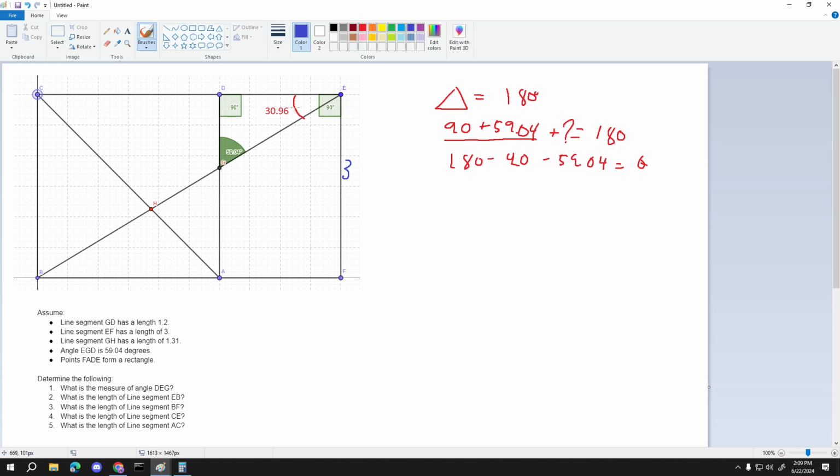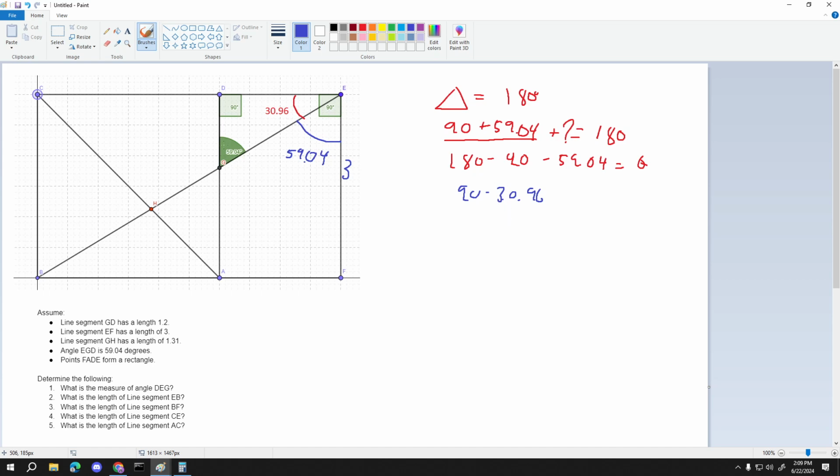So given our angle, this is 30.96. So what is this? This will be 59.04. Okay, how do you do that? We could do 90 minus 30.96.